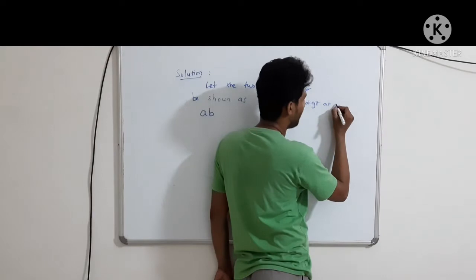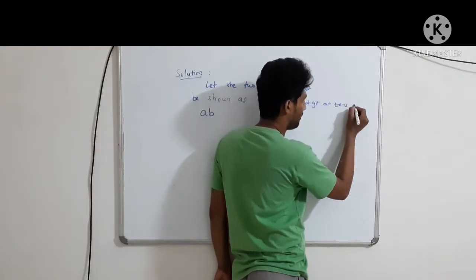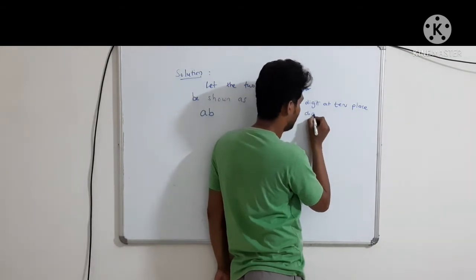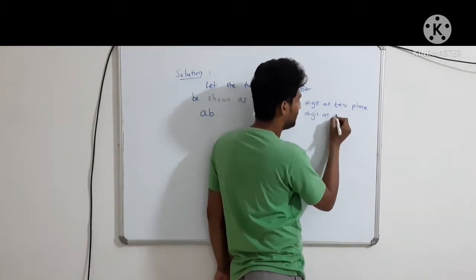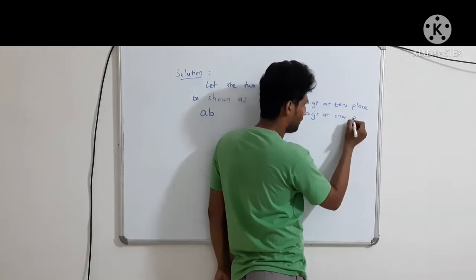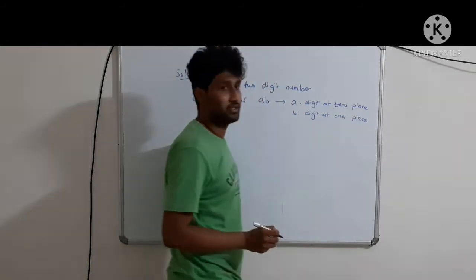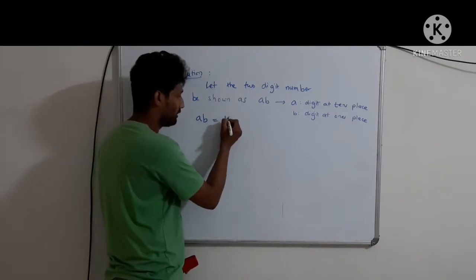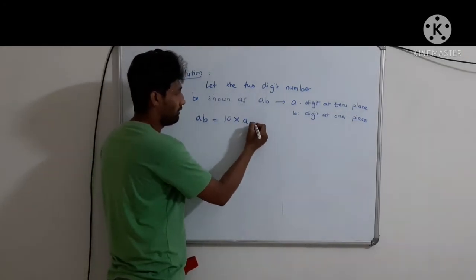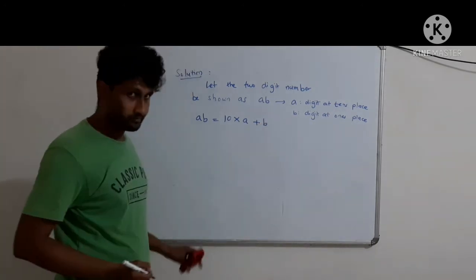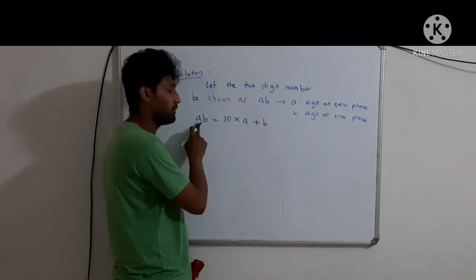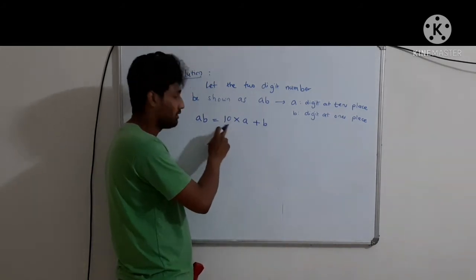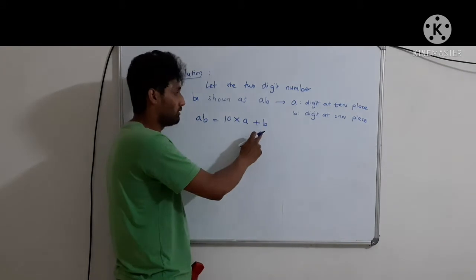A is the digit at tens place, B is the digit at ones place. Okay, so AB will be equal to what? 10 into A plus B, because you multiply the tens place digit with 10 and ones place digit with 1, so B into 1 will be B.